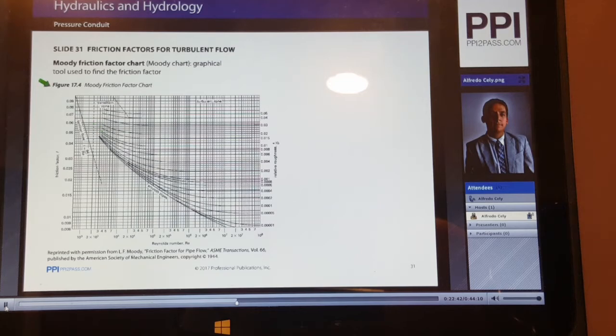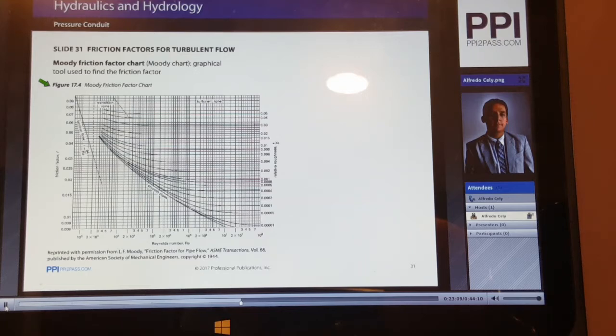And you will see the figure 17.4 of CERM. And this shows that the friction factor becomes constant after a certain value of the Reynolds number, especially for rougher pipes. The Moody chart is a more detailed version of the simple friction factor chart given in figure 17.3, which we saw a few slides before, and is a commonly used method to look up the Darcy friction factor of a pipe.